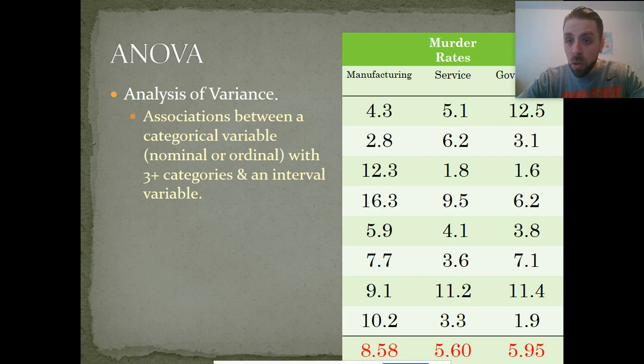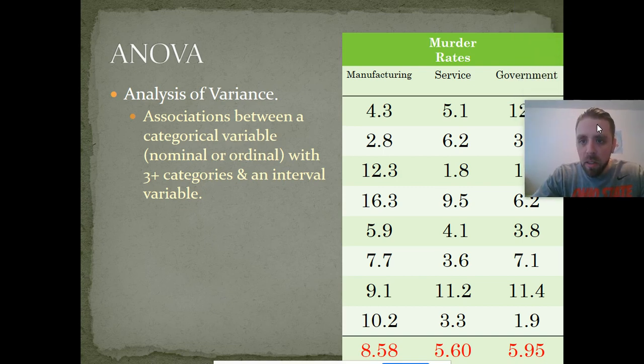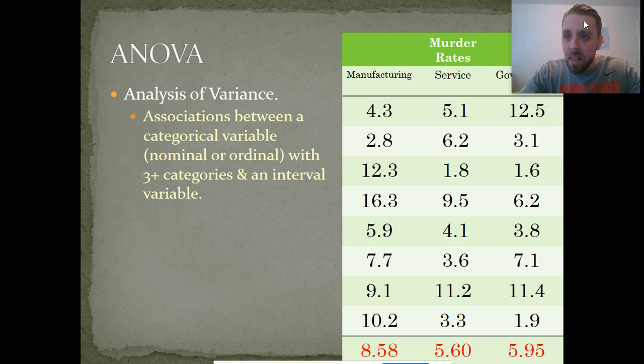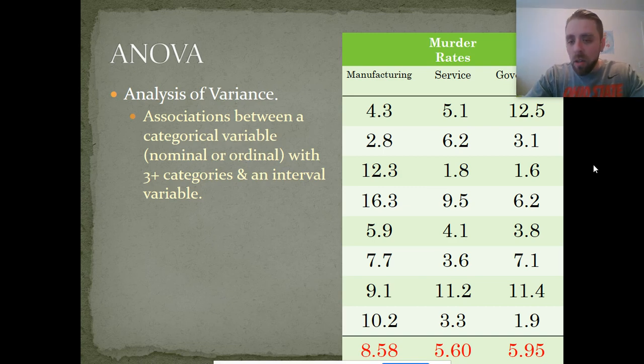I have murder rates per 100,000 people in the population, and I have 3 groups of cities. 1, manufacturing, think a place like Pittsburgh or Detroit or Cleveland. I have service, think a place like New York or Boston. And I have government, although you can't quite see that here. I will move my ugly face here. Government, and there think like, I don't know, Salt Lake City, for example, Washington, D.C., Sacramento, Albany, New York, whatever.